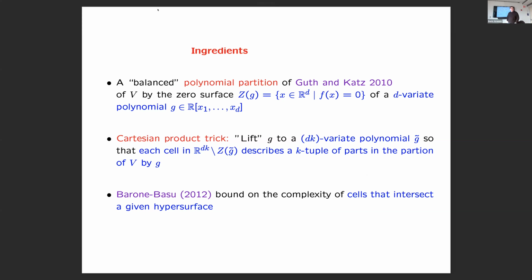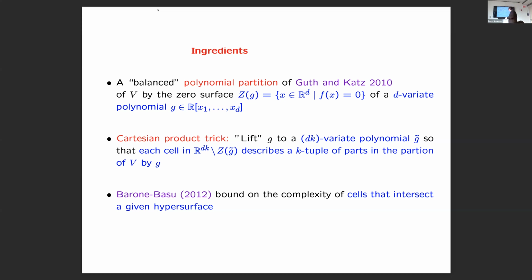One very unsurprising ingredient is the polynomial partition of Guth and Katz, which is familiar to many of those present here. Another ingredient, which is less trivial, is lifting the partitioning polynomial into dimension d times k in order to analyze k-tuples of subsets that are possibly not homogeneous.